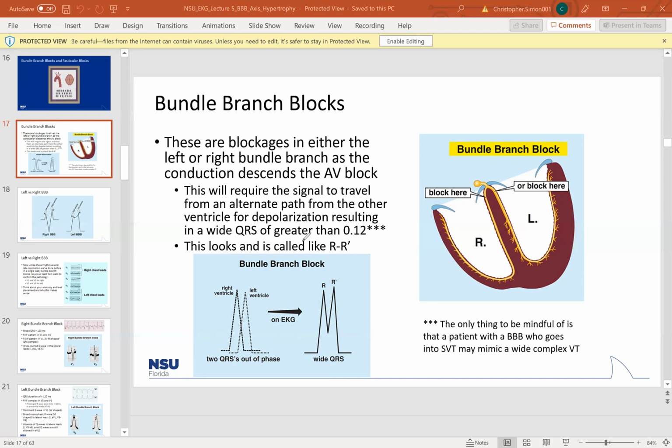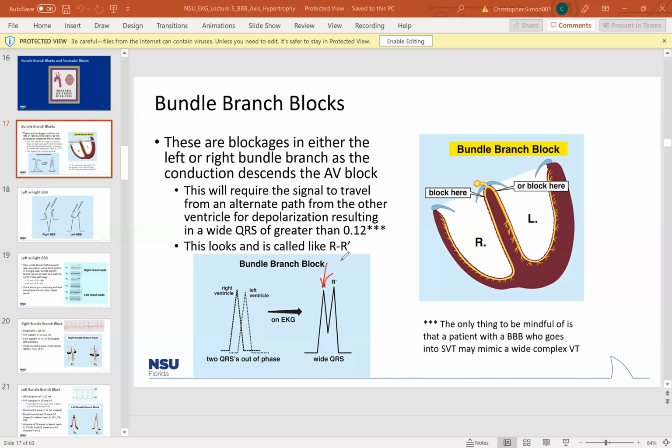So what happens is because of that, it takes a little bit of time for that electricity to migrate from the left ventricle to the right ventricle when that right bundle branch is blocked. So what you're seeing here is this first R wave, right, is probably going to be your right ventricle, right?